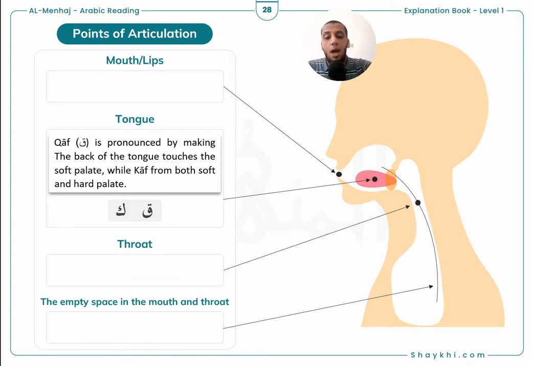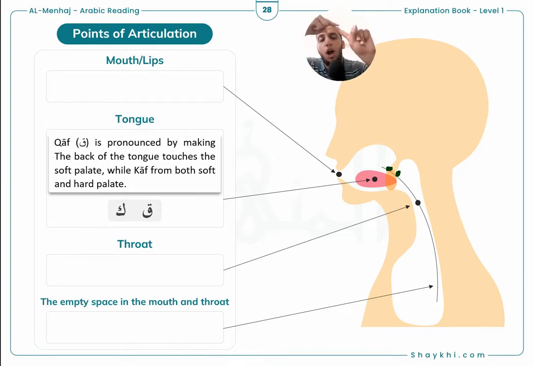The area that's opposite to the back part, part of it is the soft palate and part of it is the hard palate. So we can put this dot as a point that determines the soft palate, and we can put this part as the point that determines the hard palate.